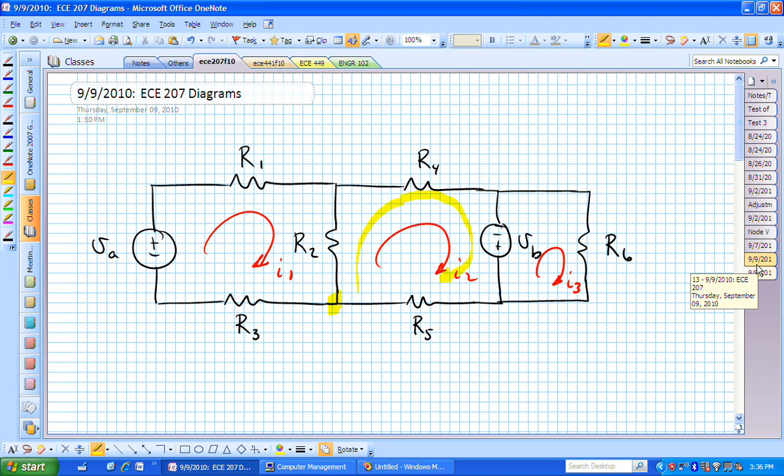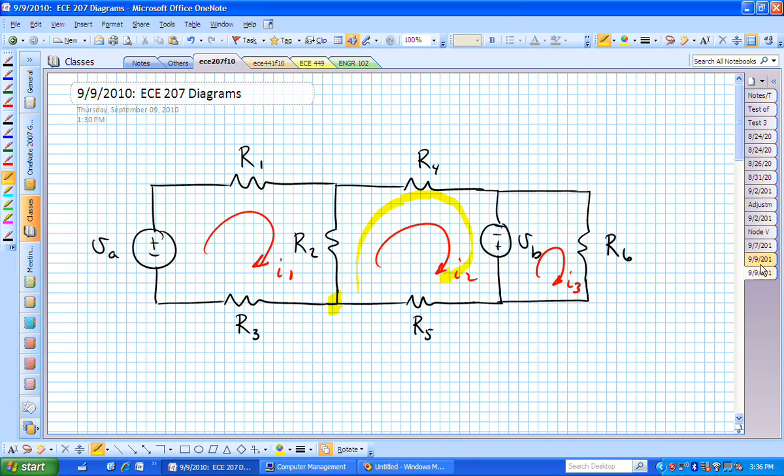I'm going to have a voltage drop across R sub 2, but now it's going to be relative to going from bottom to top. If I want a positive voltage drop across R sub 2 from bottom to top, now I sub 2 is going in the positive direction that I'm headed. I sub 1 is going against.